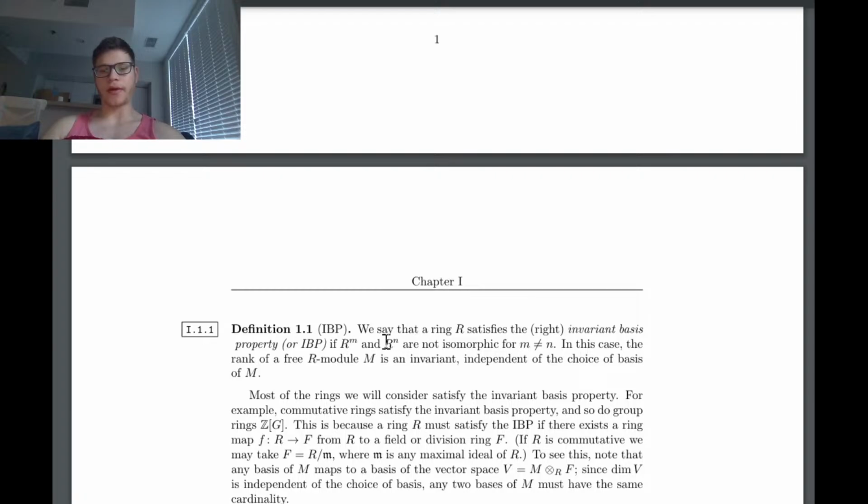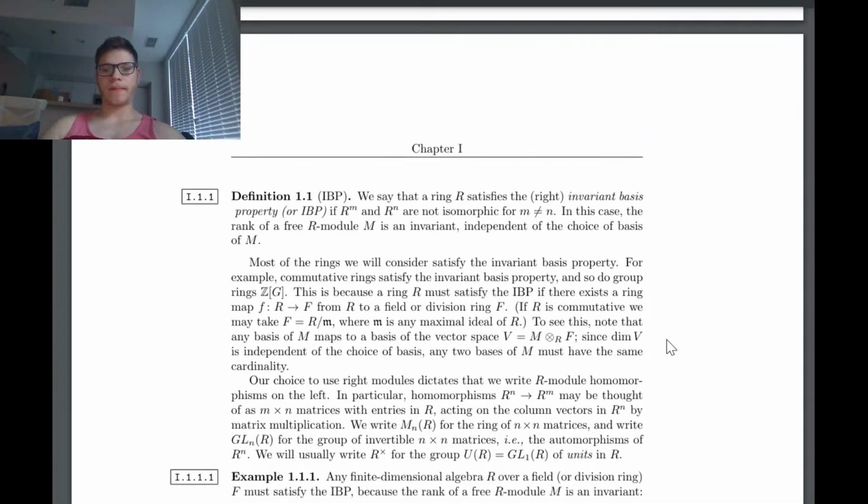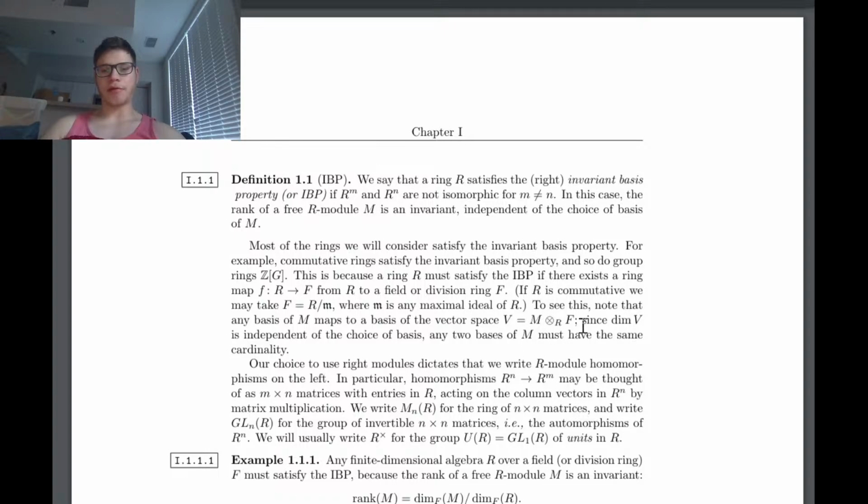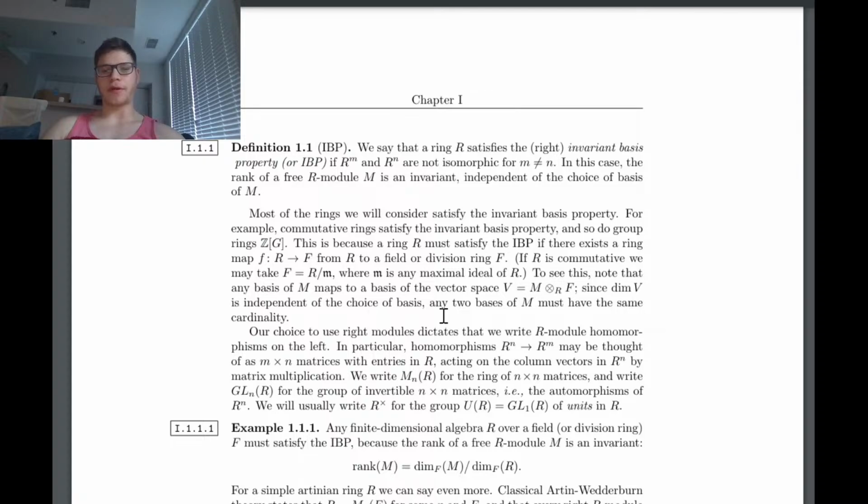So R^m and R^n are not isomorphic when m is not n. And of course, if you can extend scalars to a field, then because the tensor product respects direct sums, you get a dimension, because dimension in a vector space is well defined. Dimension is independent of choice of basis.